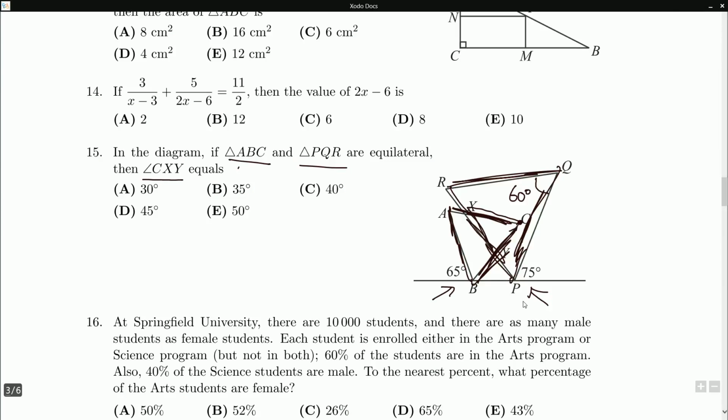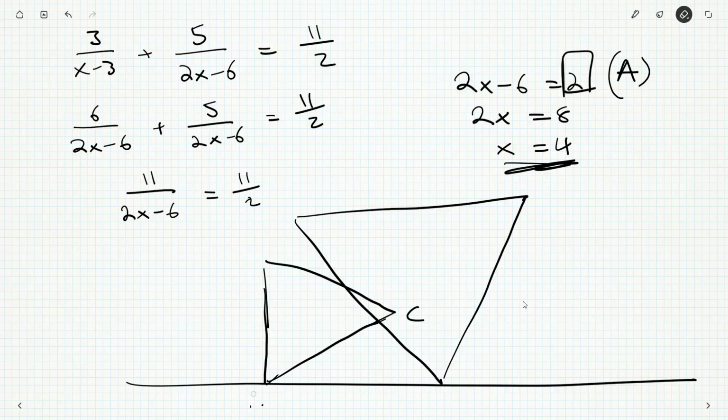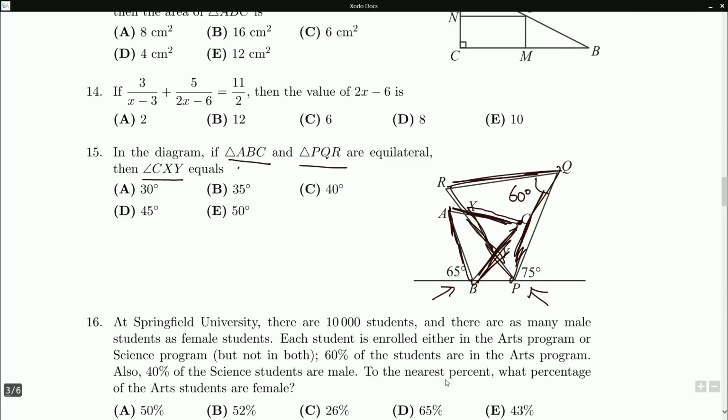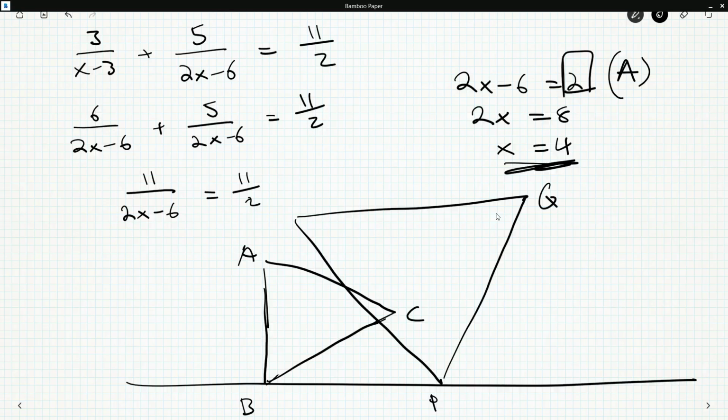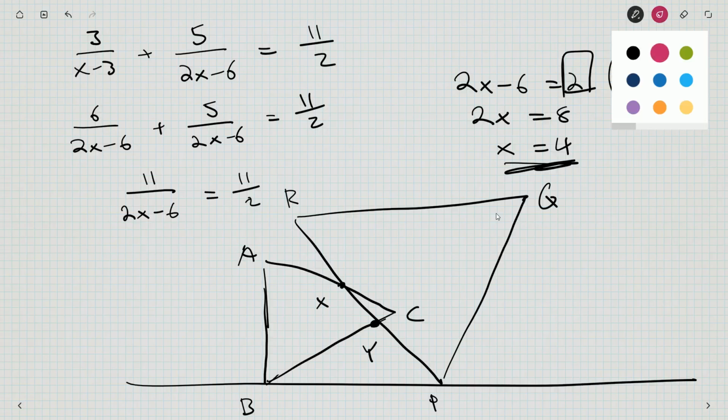There's P at the bottom. Oh, sorry, I've got my A, B, and C backwards. Well, at least my A and my B backwards. P, Q, R. And we've got X and Y down here. Now, I did say I was going to use different colors, didn't I?